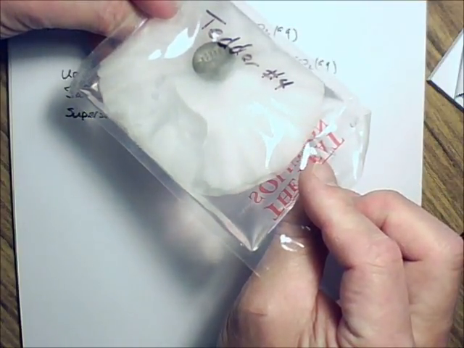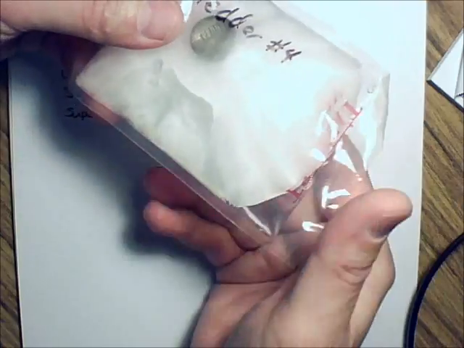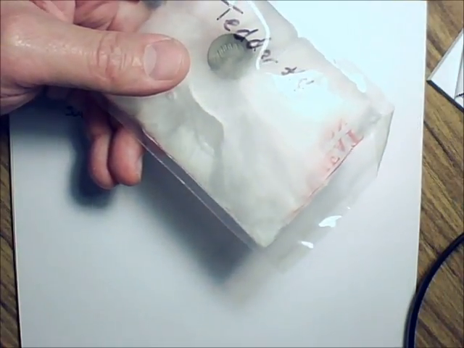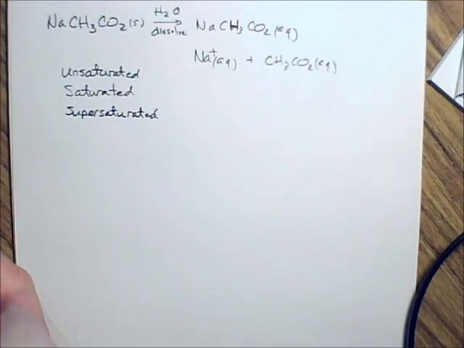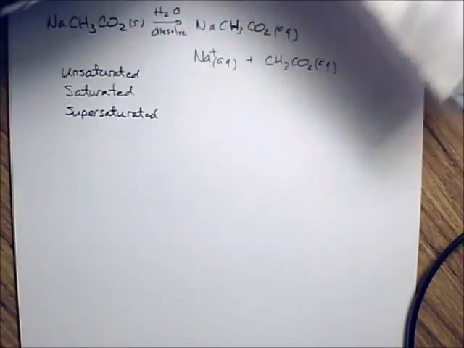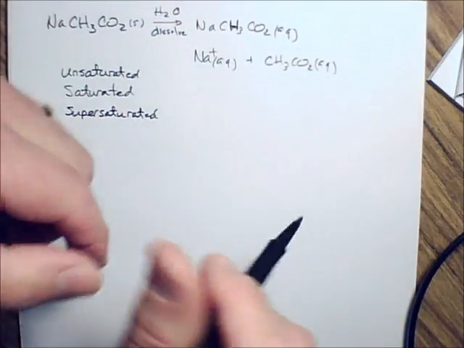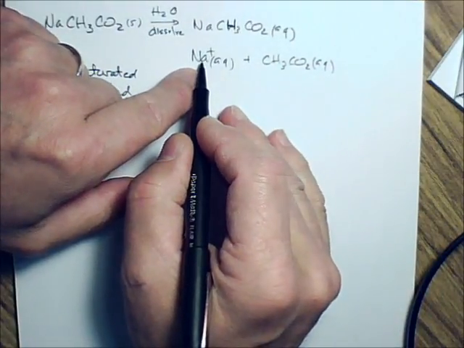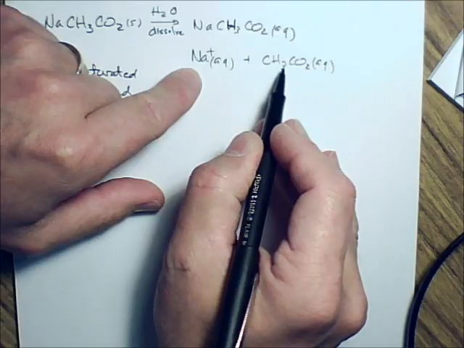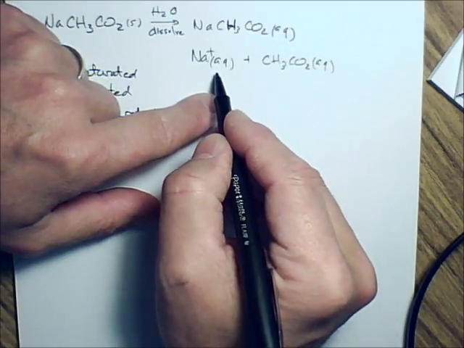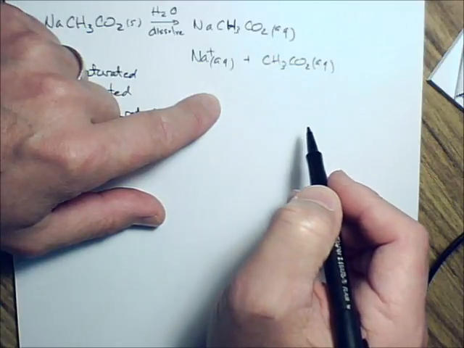That's just crazy. Now, we're in a solutions unit, and we're not yet in the unit where we're going to discuss thermochemistry. But this is hot, as you noticed. And what's happening is we are bonding sodium and acetate ions together. And when they bond together, they give off heat.